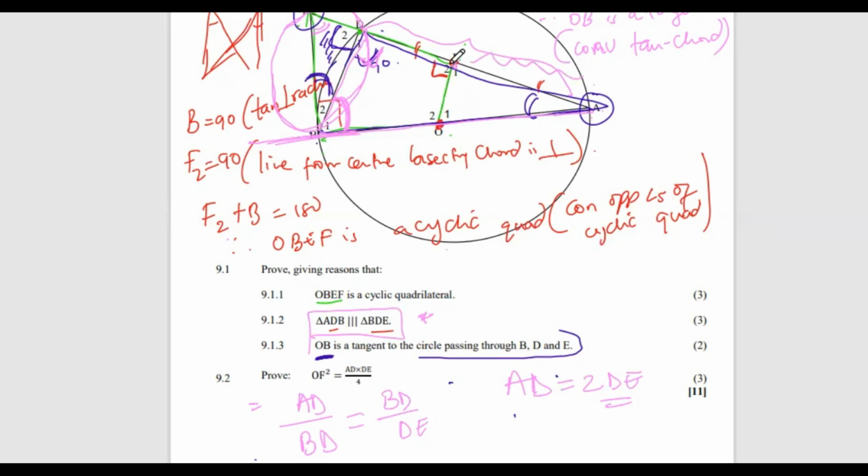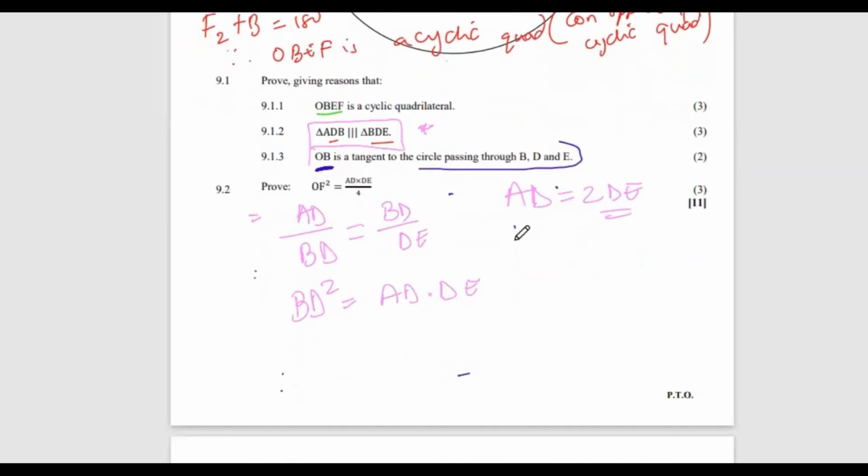So remember, this is a midpoint. So this must be a half. So AD is twice just one of them, which is okay. So if I try to substitute that, BD squared is equal to my AD now, which is 2DE times another DE now.